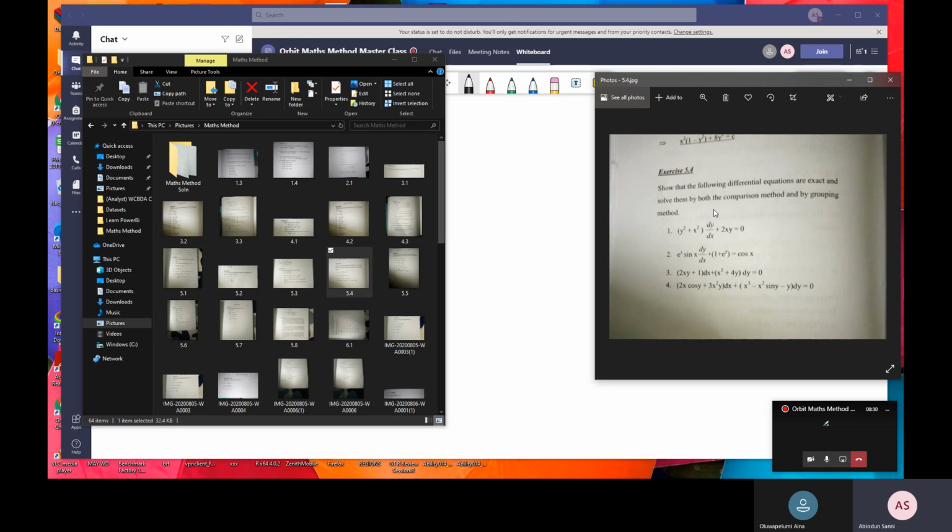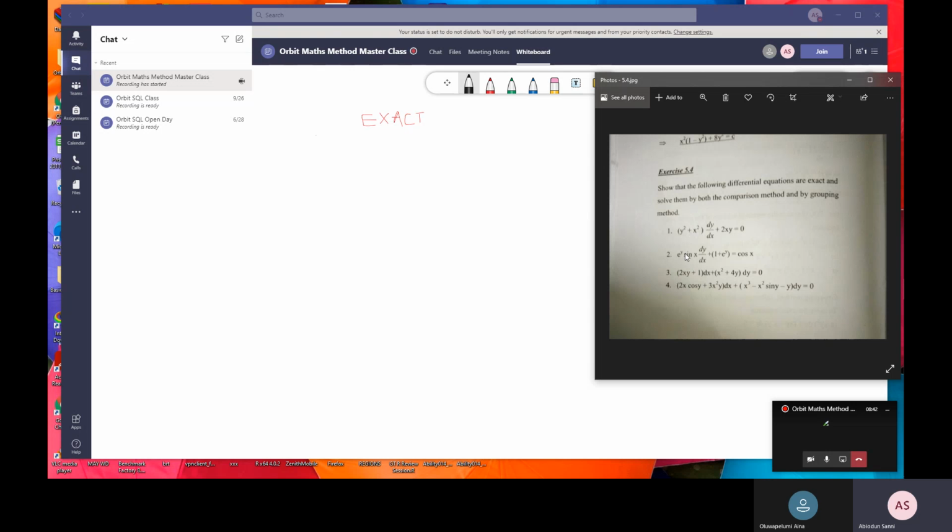Yeah, that's the name of the method, the comparison method. And the other one is the grouping method. Which one should I start with between 1 to 4?